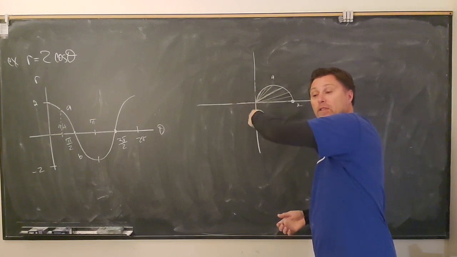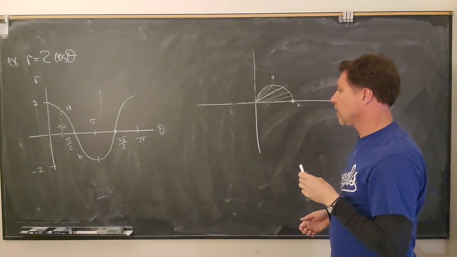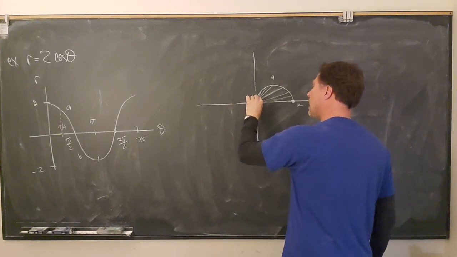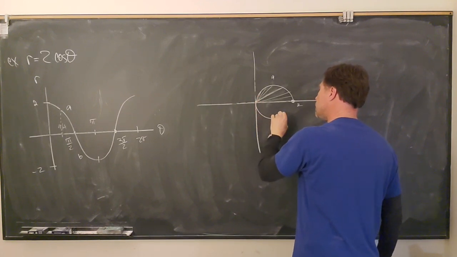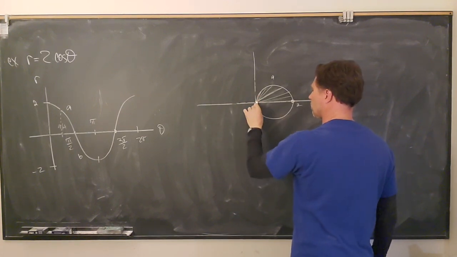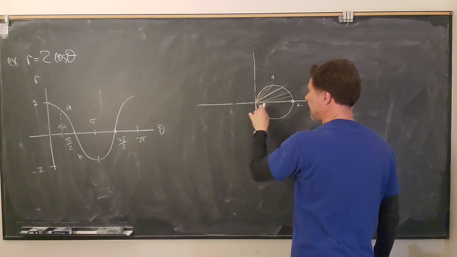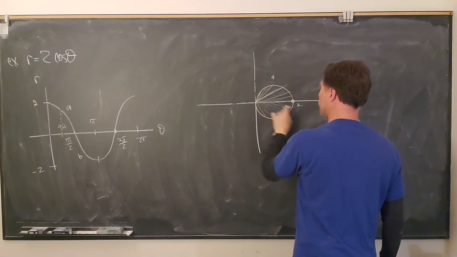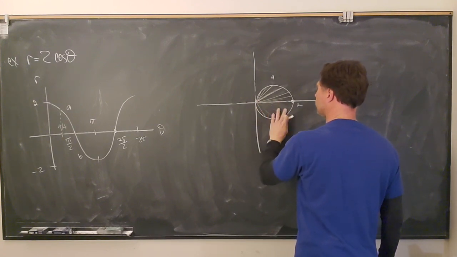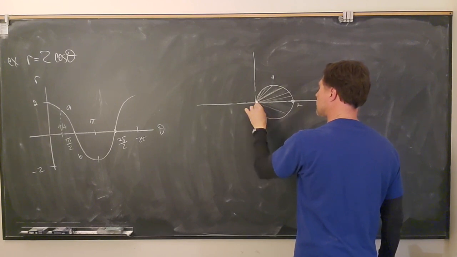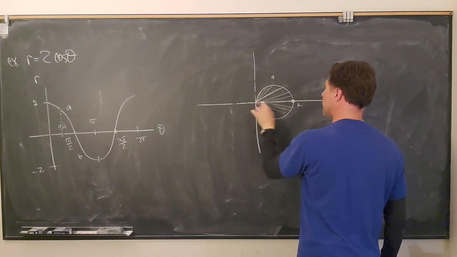Negative radius tells us to point in the opposite direction. So our radius starts at 0 and increases back up to negative 2, but I'm drawing in the fourth quadrant. And as we measure these distances, they need to be increasing back to 2.